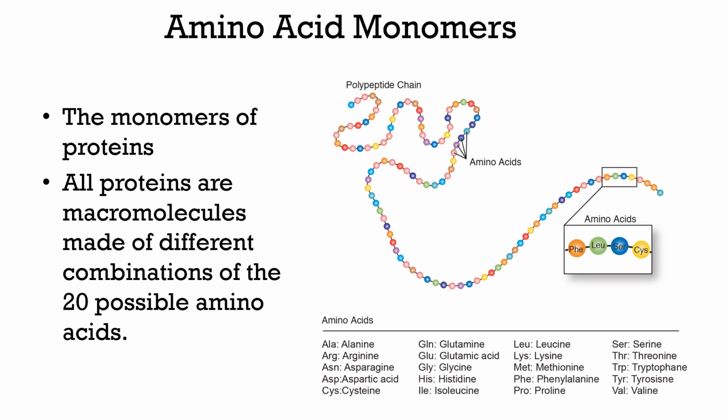Now, I just want to mention that having the wrong amino acid can completely destroy the function of proteins. We'll talk about sickle cell anemia, which is one amino acid that's been changed in a protein that causes kind of a disease in individuals.